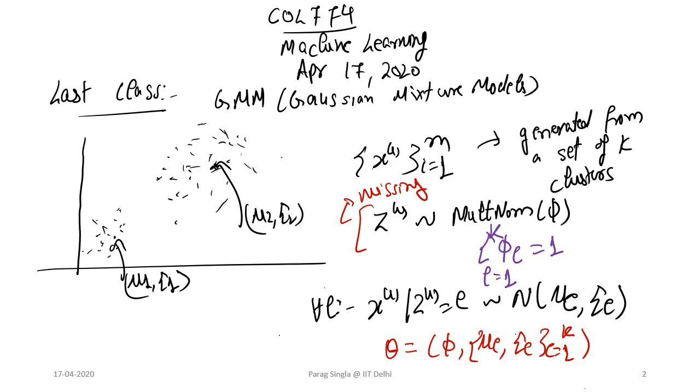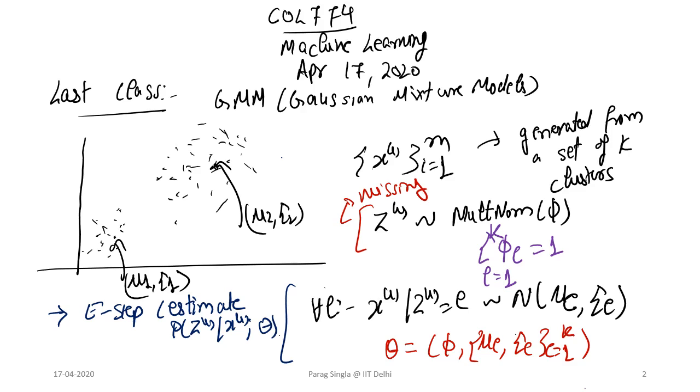And given this setting, we said that we can actually solve this problem by a two-step process, which was a combination of the E step, which would ask us to estimate p of zi given xi parameterized by theta, right? So given the current set of parameters, we would estimate these zi's, right? And these are essentially soft assignments, right?